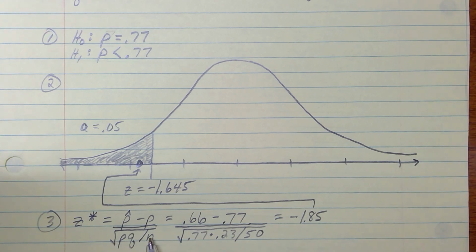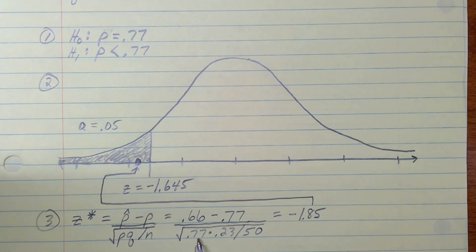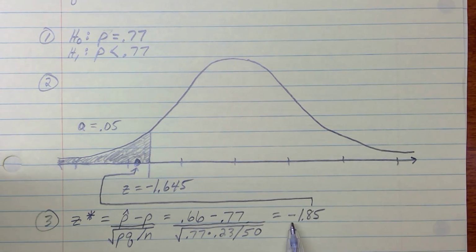And then divided by, this is basically a standard deviation calculation, which tells us how many steps to the right or left of 0 we're going to go. Divided by the square root of P, the accepted proportion of success, 77%, times the accepted proportion of failure, 23%, divided by how many in my sample, 50. That comes up to negative 1.85. That's going to be my dot.